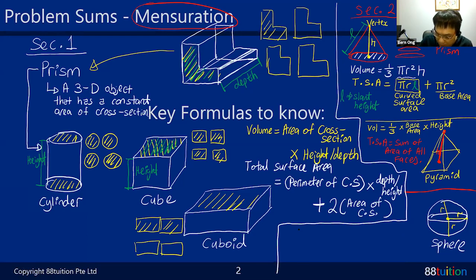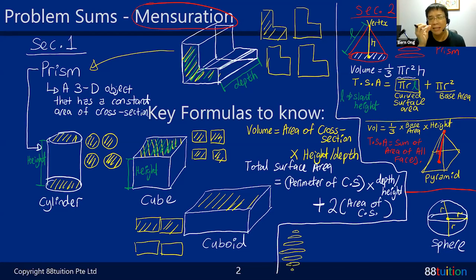Is the sphere a prism? No. If I cut the sphere like that, I will get small, then becomes big, then larger, then big again, then medium, then small again.